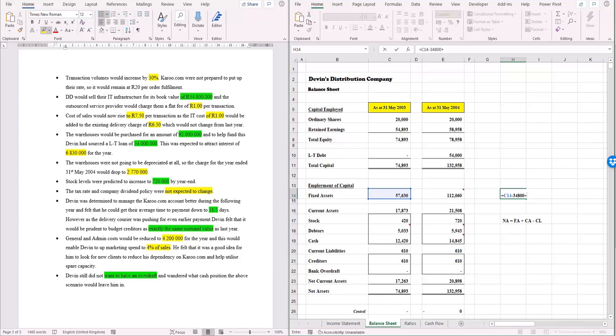Then we have to add in the assets that we're buying, which is 92,123, and then we must subtract the depreciation amount, which was 2,770 equals, hallelujah, that's a good result. There we go. That's how we got to the fixed assets.